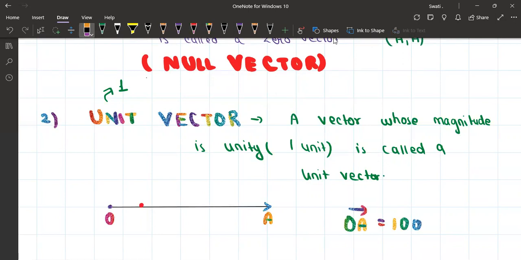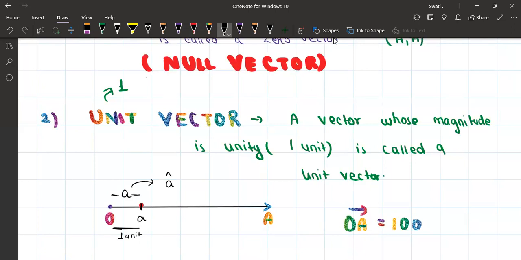Let me make you understand in a better way. Suppose this distance from here to here is a vector, and imagine it is 1 unit. That is why we can represent OA by a small a. So this length is basically 1 unit, and this is called a unit vector. We also represent it by a cap.